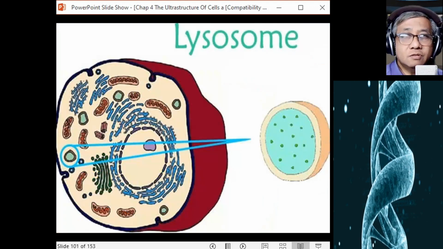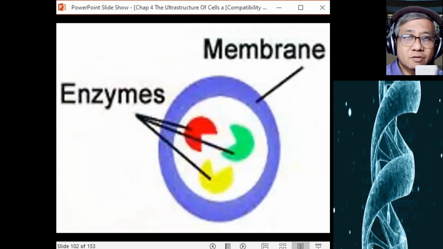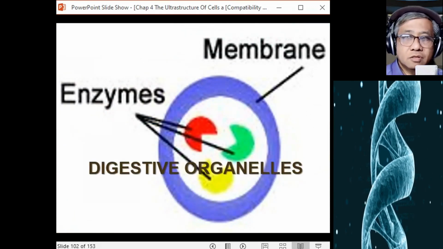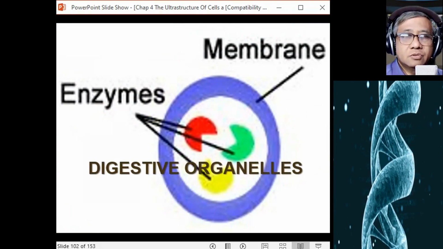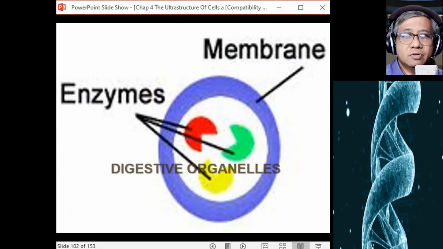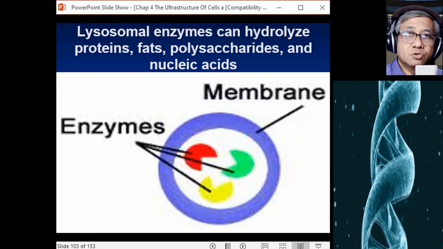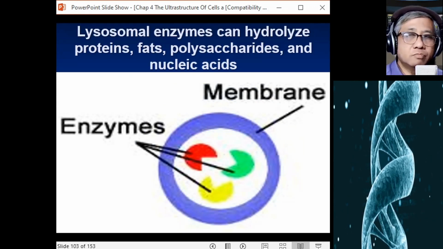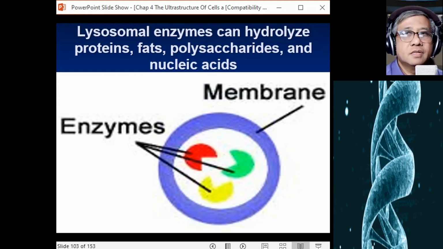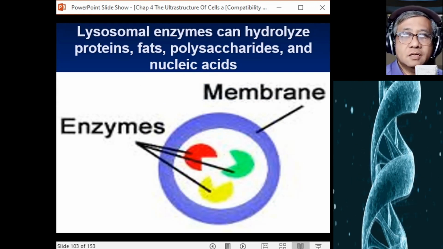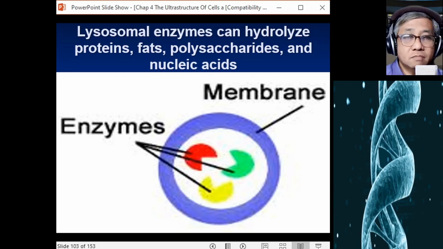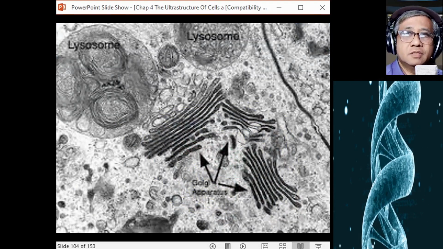So the lysosome is said to be the digestive organelle of the cell. These enzymes break down macromolecules. Lysosomal enzymes, or the hydrolytic enzymes, can hydrolyze or break down proteins, fats, polysaccharides, and nucleic acid. So they are the so-called digestive organelles of the cell.